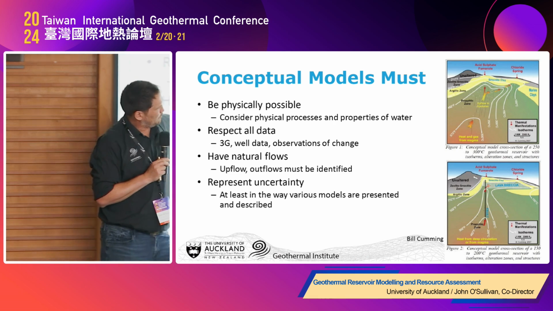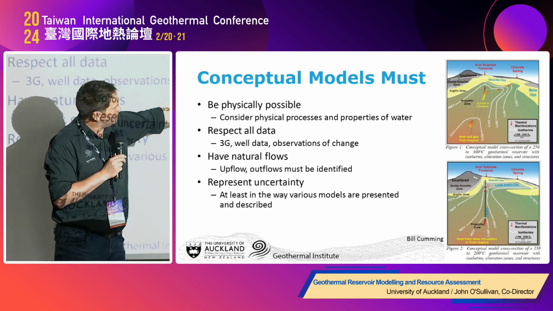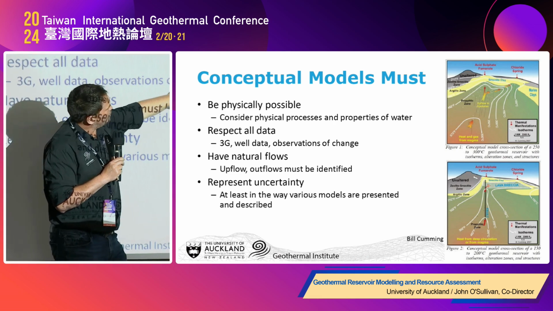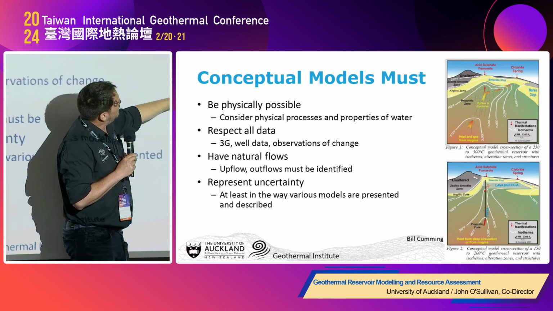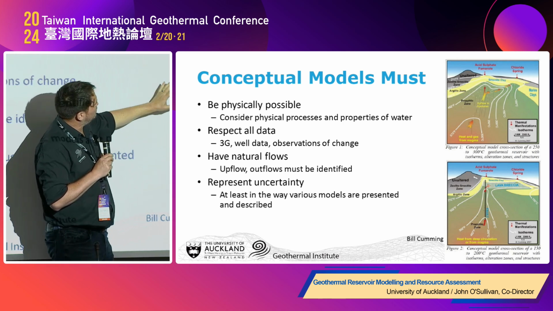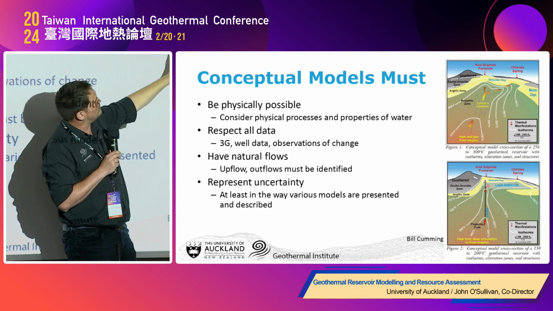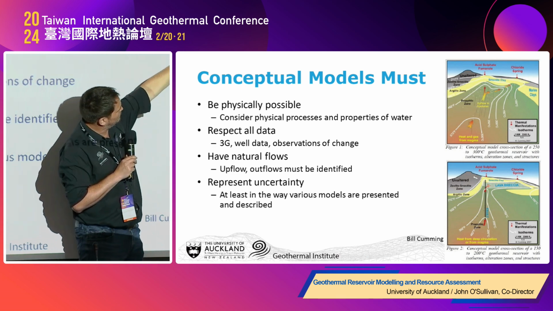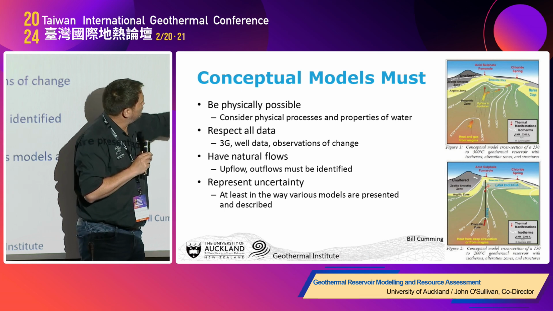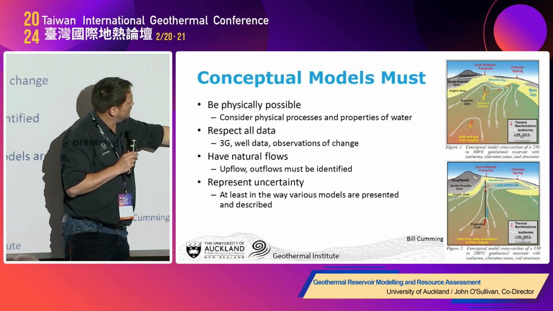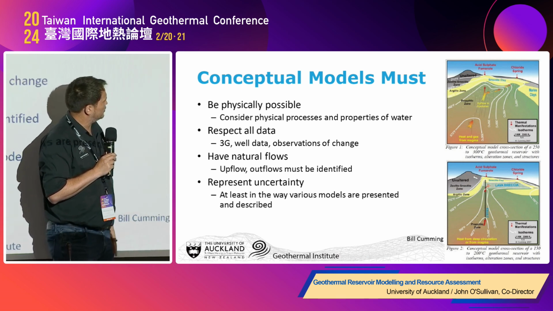And this is an example from a paper by Bill Cummings. So it's showing two different possible conceptual models based on the available information, which in this case is just exploration data from the surface and probably some MT, to give a couple of possible representations of the smectite clay alteration.